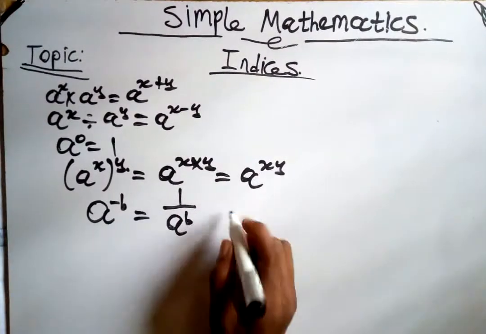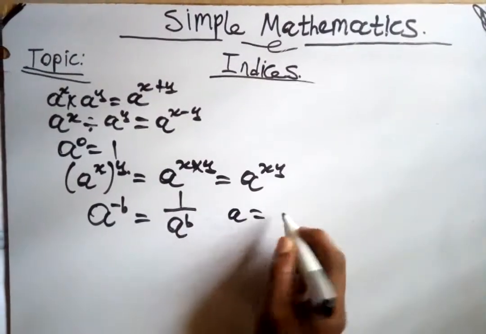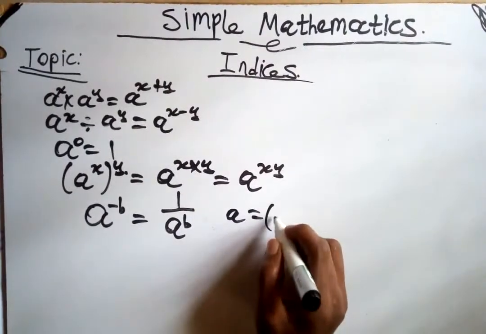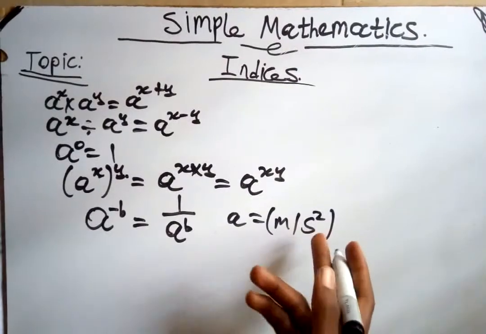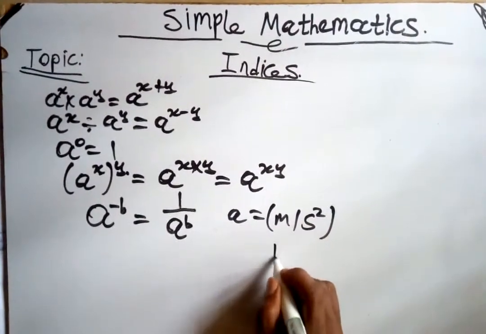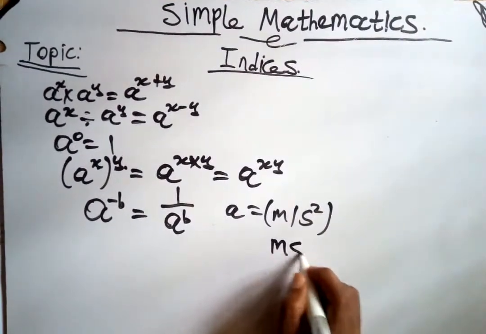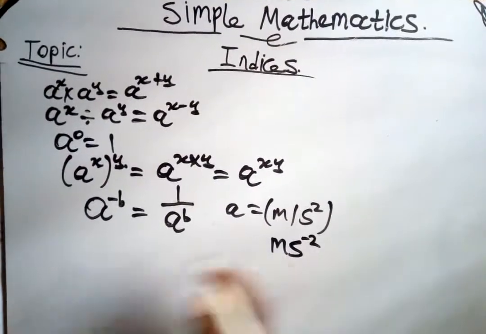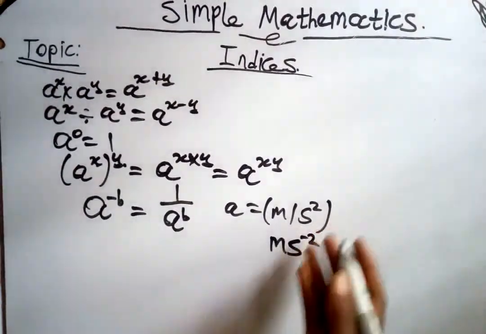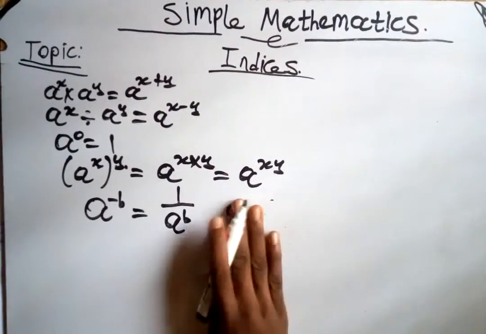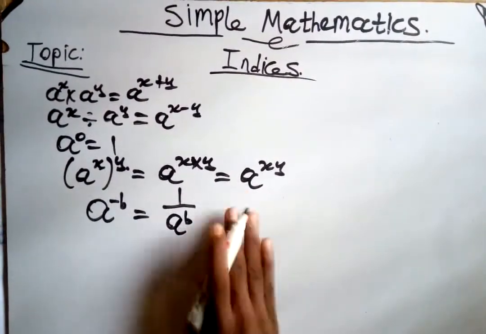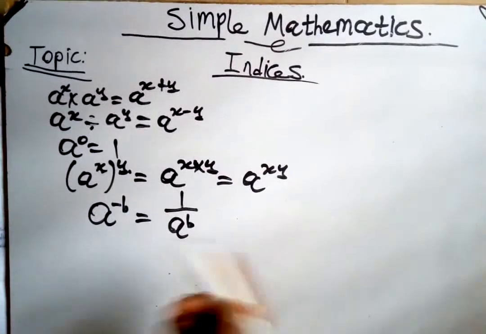Acceleration is measured in meters per second squared, and you can also write this as meters second to the power of negative 2. So it's still the same thing, just a mathematical method of doing things.